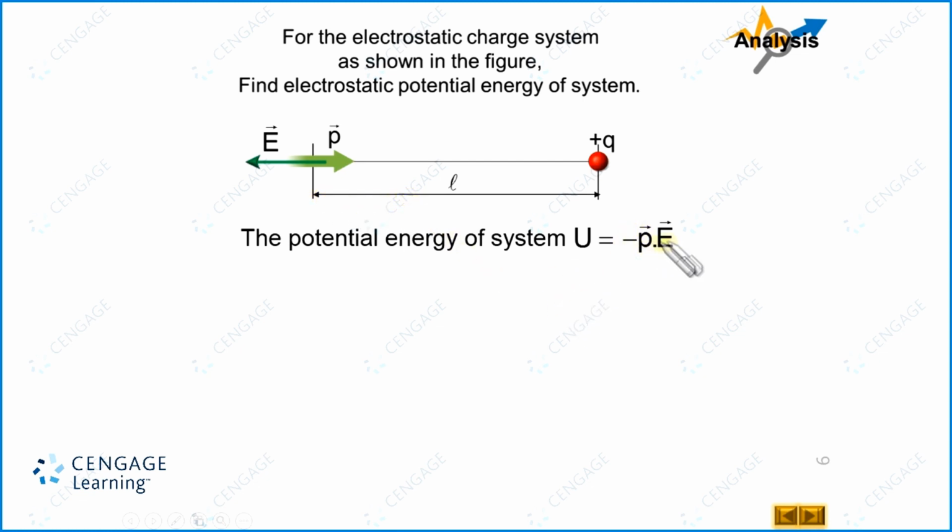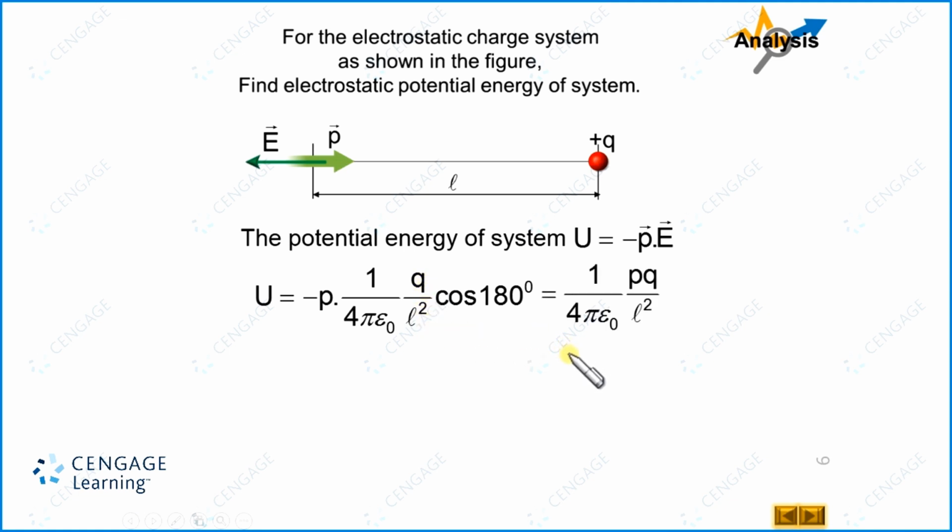So this dot product can be written as P multiplied by 1 upon 4 pi epsilon naught Q divided by L square cos 180 degrees, and the negative sign of course like this. Okay, and cos 180 degrees we know is equal to minus 1. That means minus will be positive, and this value will be equal to 1 upon 4 pi epsilon naught PQ divided by L square.